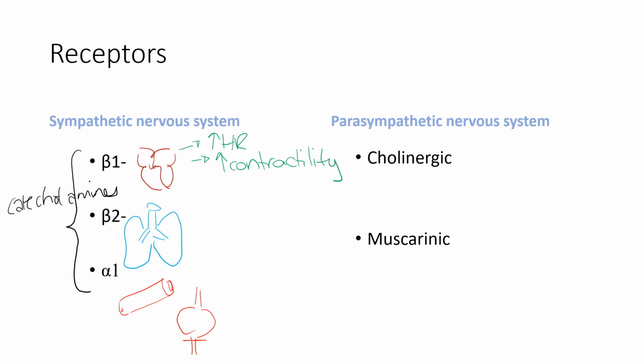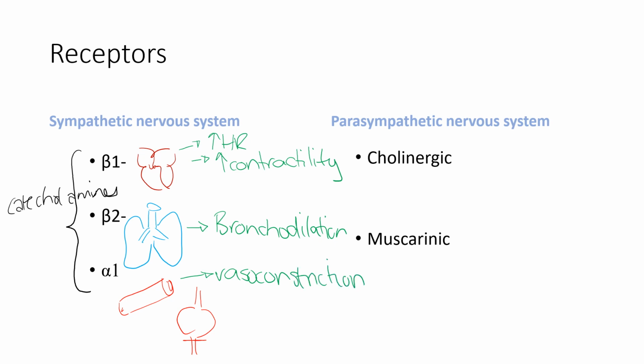When it attaches to beta-2, remember these beta-2 are located in the bronchioles, it will cause bronchodilation to occur. So it dilates the bronchioles, making it better for you to breathe. When it attaches to alpha-1, it's going to cause vasoconstriction of these vessels.